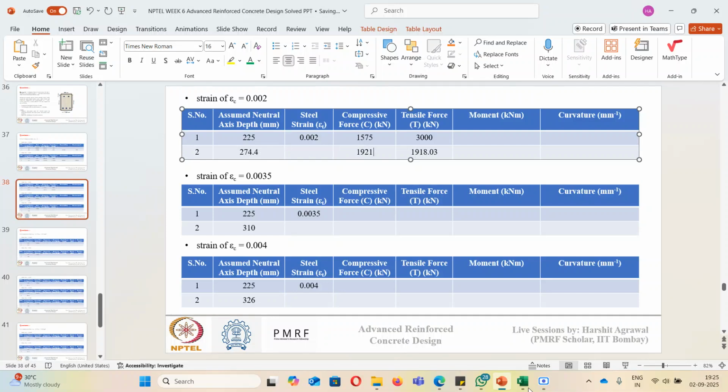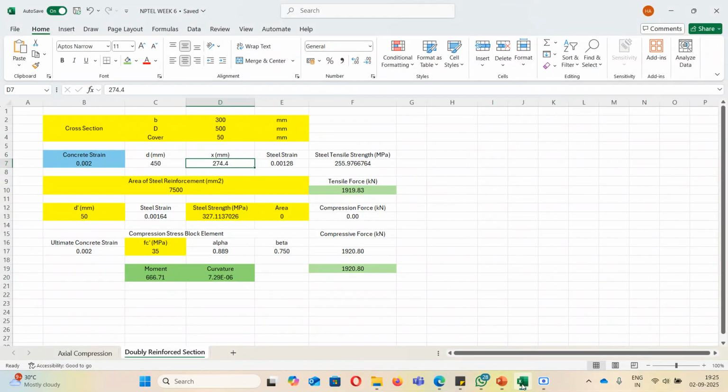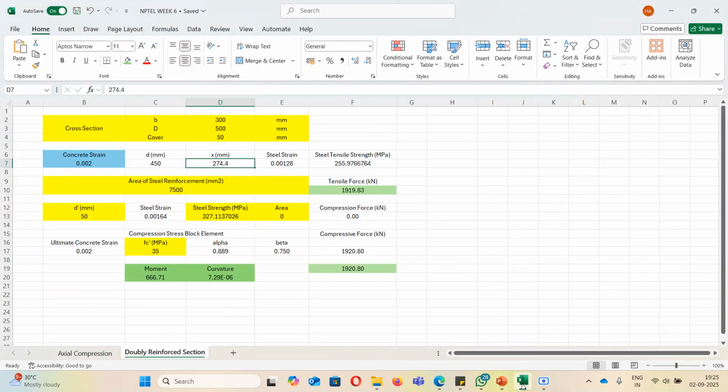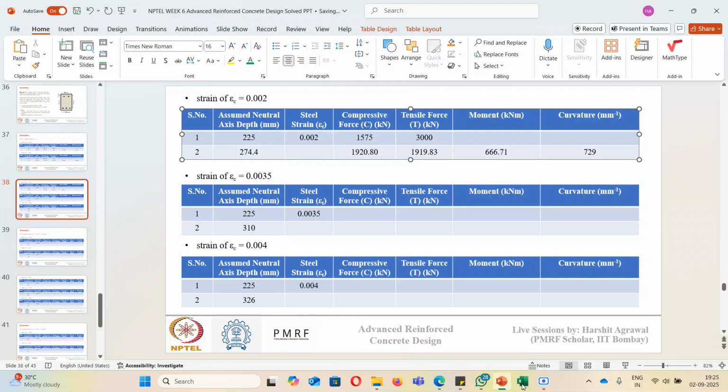So compression force is 1920.80, tension force 1919.83. So this is almost equal. At this compression strain value, at this neutral axis depth, the moment is 666.71 and curvature is 7.29 into 10 to the power minus 6.